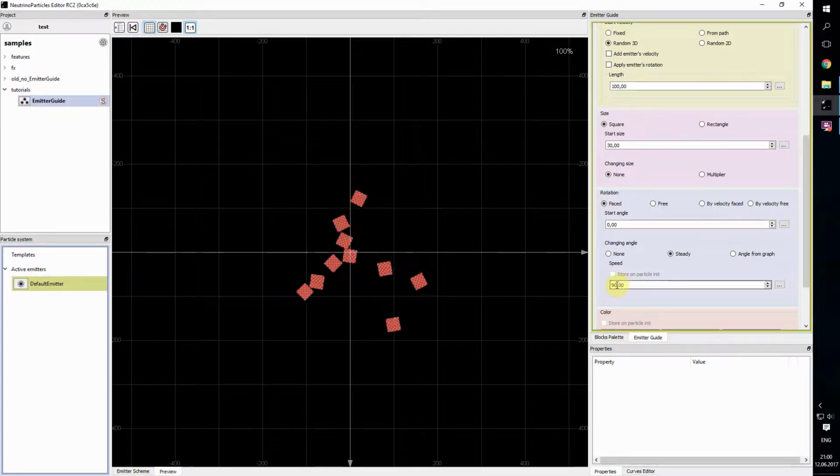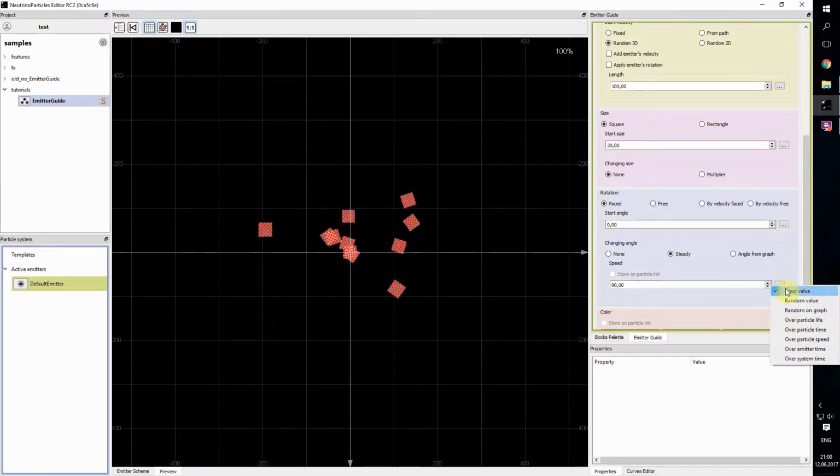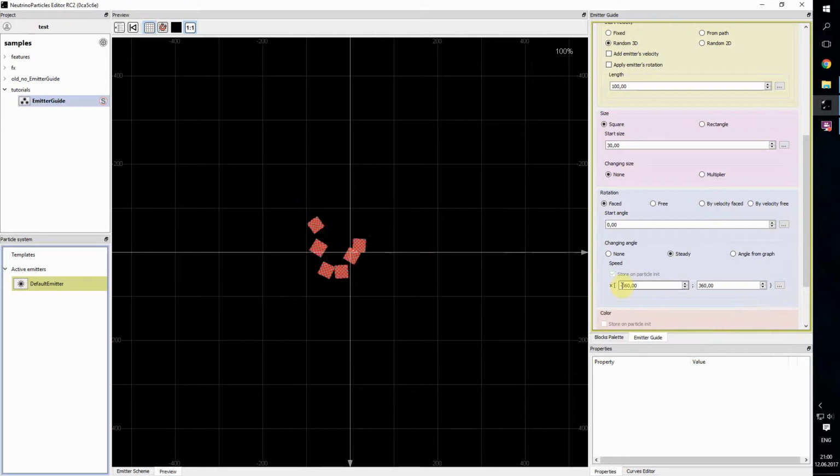By default it is 90 degrees per second. We can change it to a random value from minus 360 to 360, and all particles will randomly rotate with random speed and different directions.